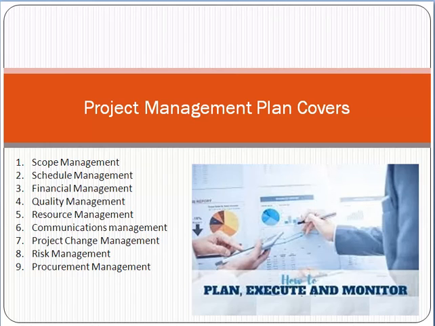Basically, friend, just think of a project management plan as a group of plans in which you are telling how you will manage all those factors, all those aspects of a project, which contains the scope, quality, communication, change management, risk, procurement. So just think of a project management plan as a group or bundle of plans which tells you about all those factors.